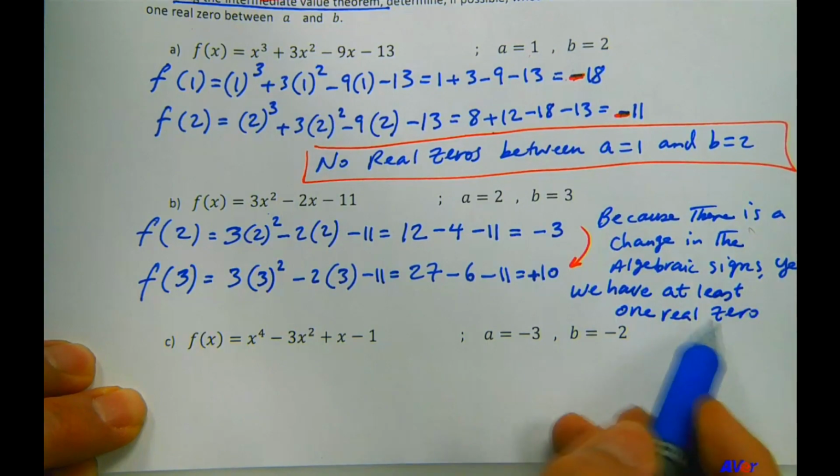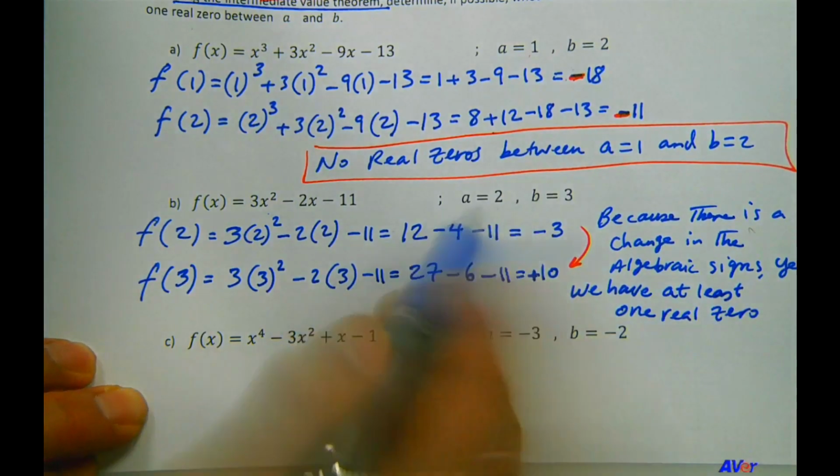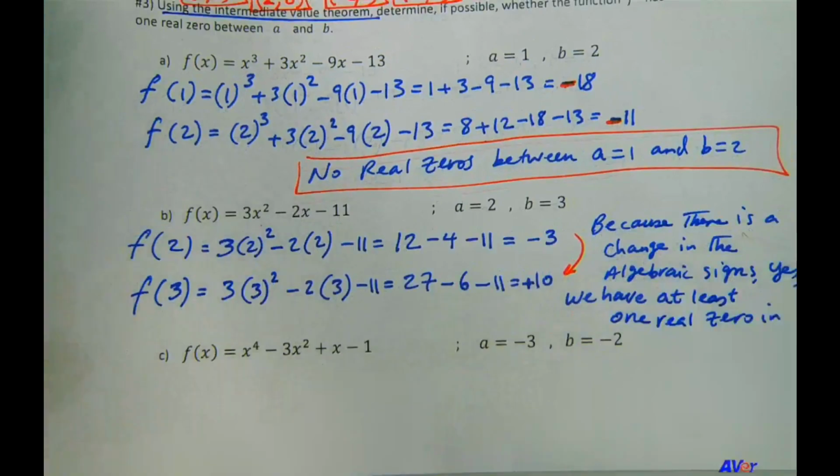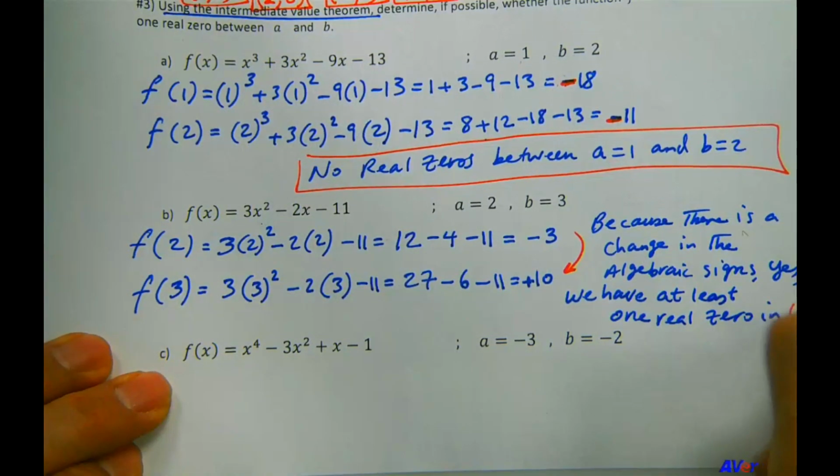One real zero in this interval, one real zero in 2 comma 3. In the 2 comma 3 interval, that's not a point, it's an interval.